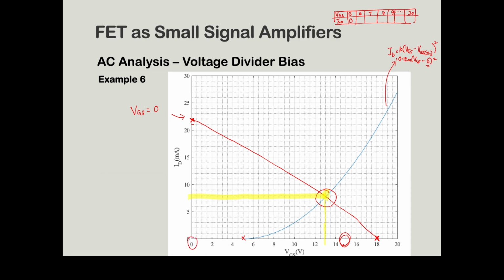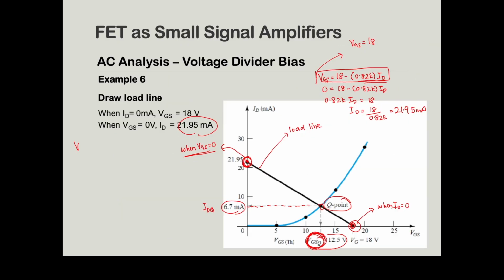This one will be your IDQ reading, and this reading will be your VGSQ reading. So we got the value: IDQ is 6.7 milliampere and our VGSQ is 12.5 volts.